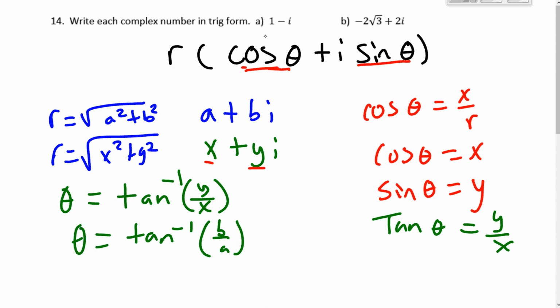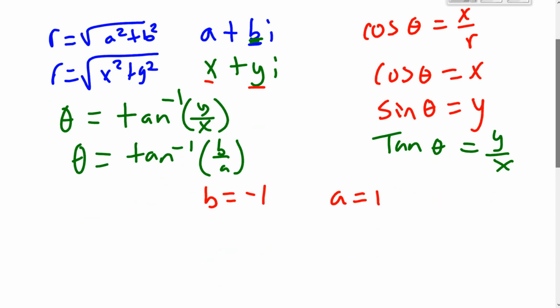Okay, so first we label our a and b. In a plus bi, b is just what's next to the i, or how many i's you have. So for the first one, b is equal to -1. And a is just the real number, so a is equal to 1.